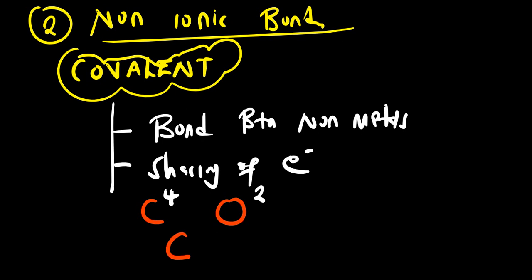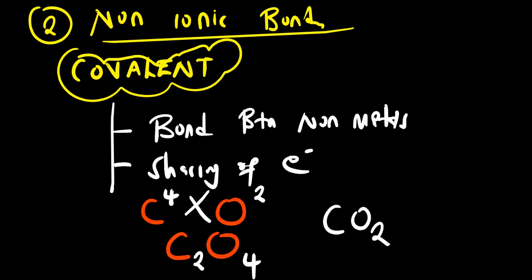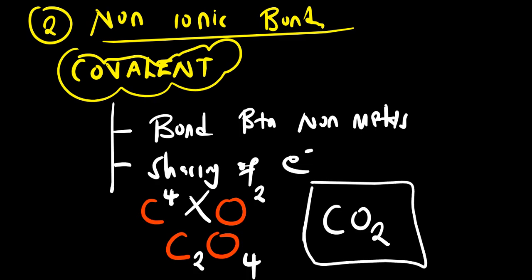So we have C, and when we combine these, your 2 will come here because we cross multiply, and your 4 will come there. Now you can simplify this further, where you're going to say CO2. So when you mix your carbon and your oxygen, you're going to get your carbon dioxide, and that's how the conversions happen.